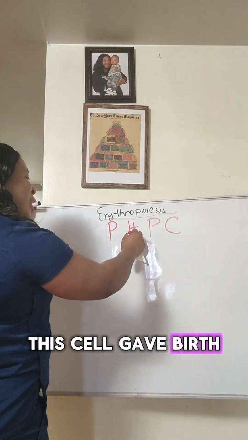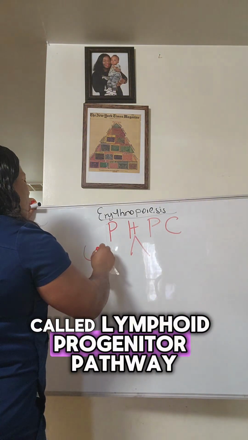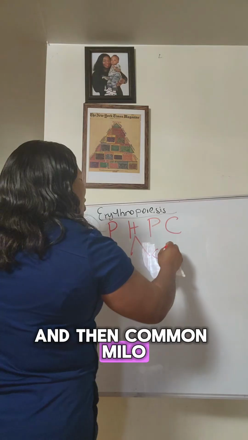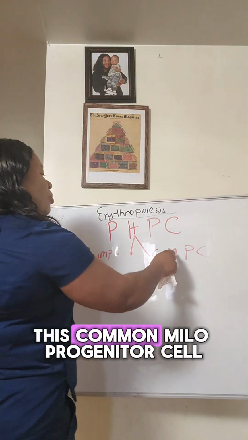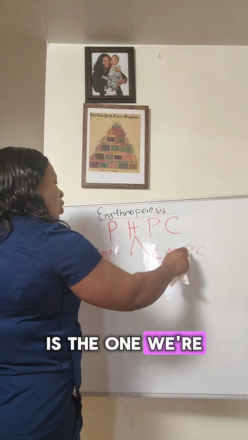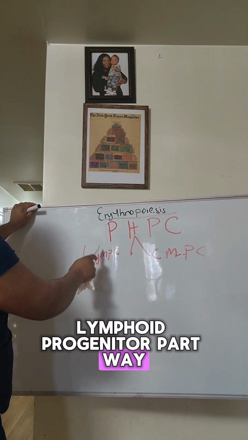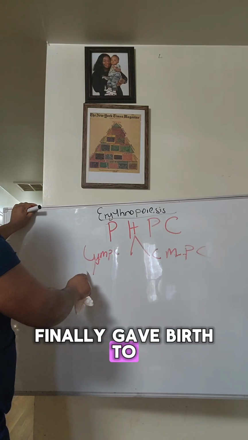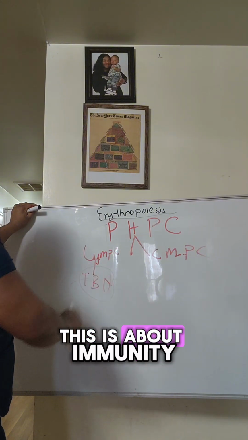This cell gave birth to only two children, called the lymphoid progenitor pathway and the common myeloid progenitor cell. This common myeloid progenitor cell is the one we're going to focus on, but let me talk briefly about the other one. The lymphoid progenitor pathway is a story for another day, but it finally gave birth to T lymphocyte, B lymphocyte, and natural killer cell. This is about immunity.